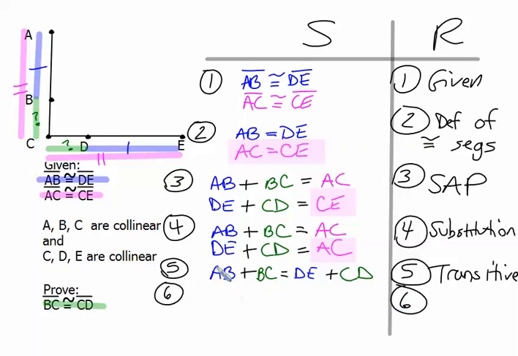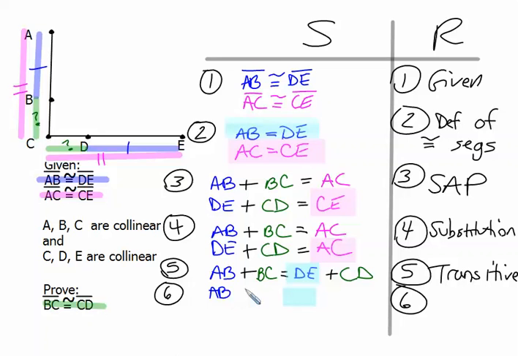Now getting into step 6, look at where we're at, look at what we need, and again I think we're going to do a substitution. Because instead of writing DE right here, we want the AB and the DE to cancel. The only way we're going to be able to do that is if we replace the DE with an AB. So we will do that substitution.